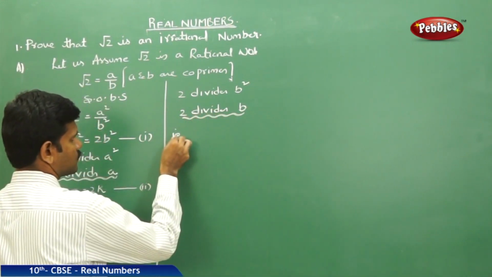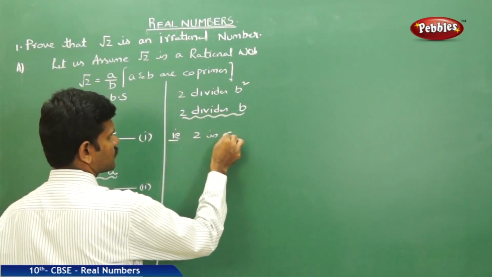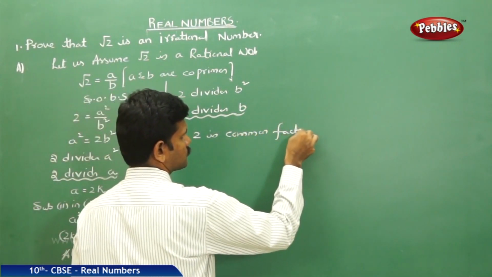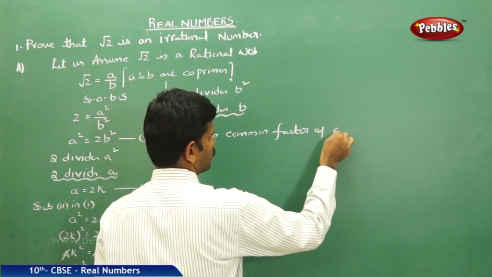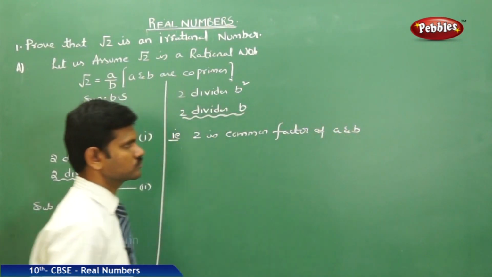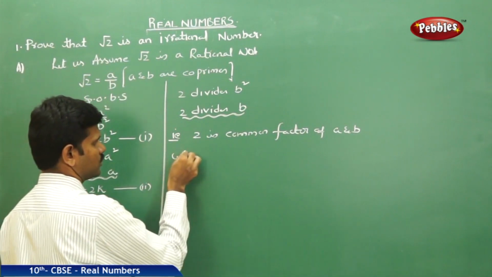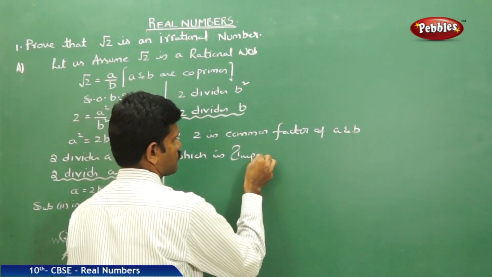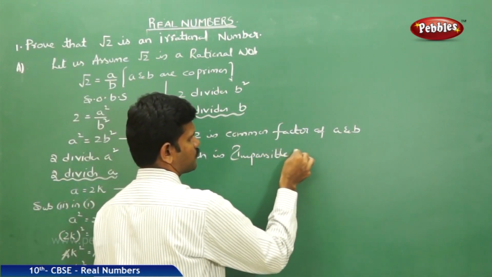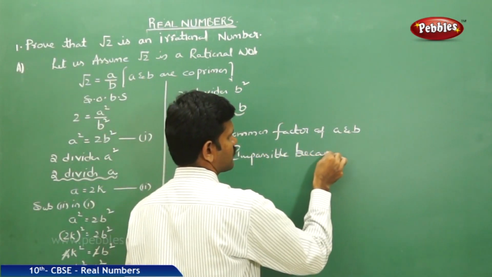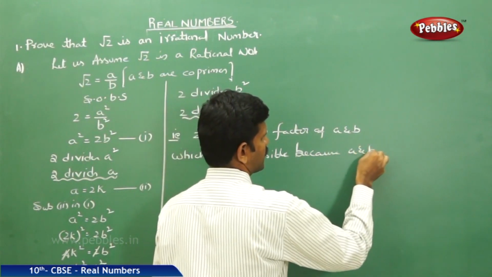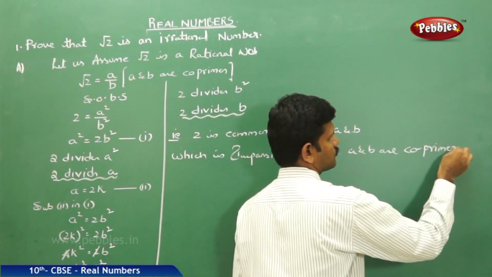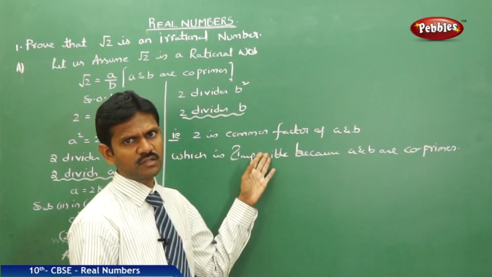That is, 2 is a common factor of a and b, which is impossible because a and b are co-primes. Therefore, this is a contradiction. Why?